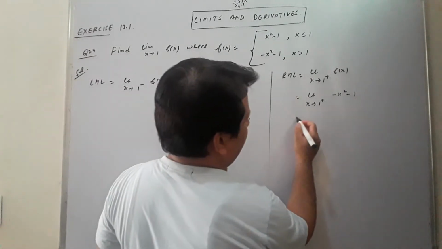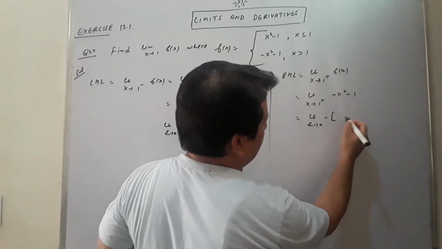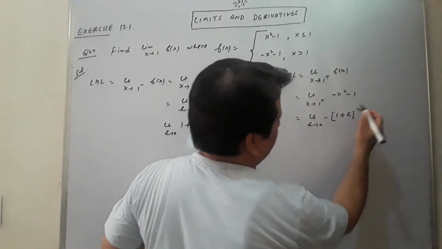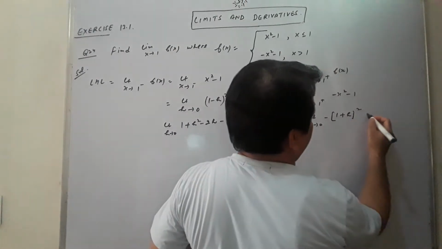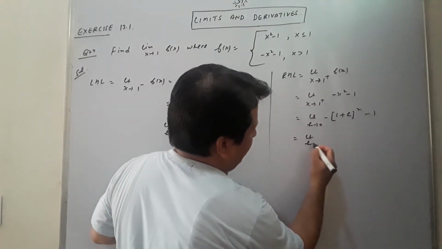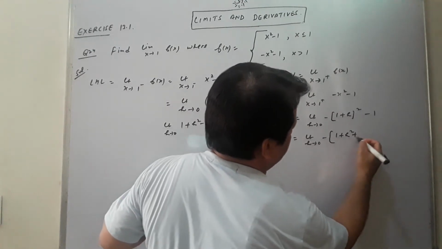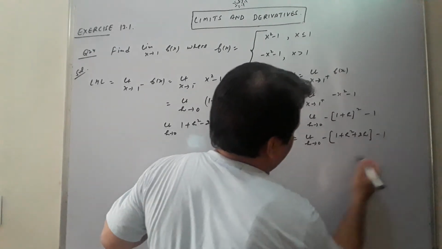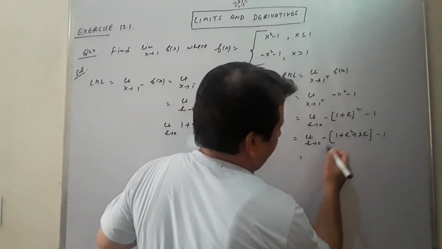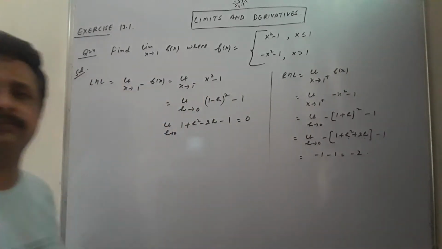Right, students, it will come as limit h tends to 0 of minus into 1 plus h whole square minus 1. And students, it will come as limit h tends to 0 of minus into 1 plus h square plus 2h minus 1. And while h will come 0, here it is 0 now. So from here you will get minus 1, that is equal to minus 2, then, students.